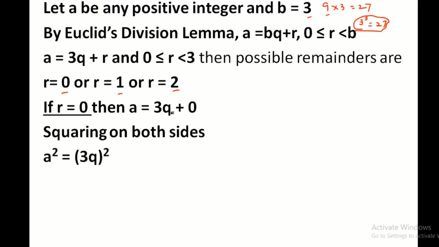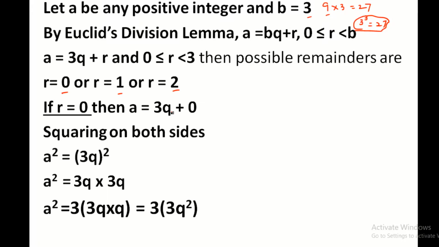Then, as it is a direct monomial, we'll get the value as a square is equal to 3 into 3q square, where I substituted this value 3q square with some variable p, that is p equal to 3q square. This is if r is equal to 0.